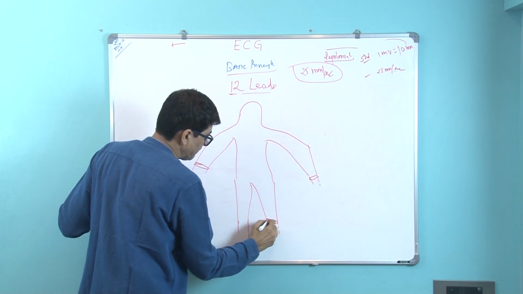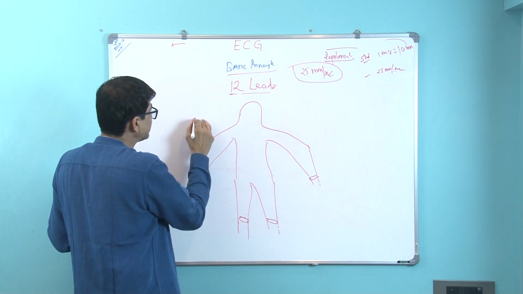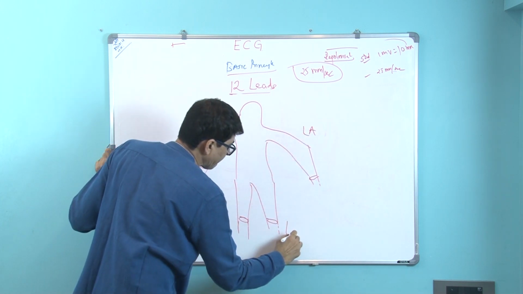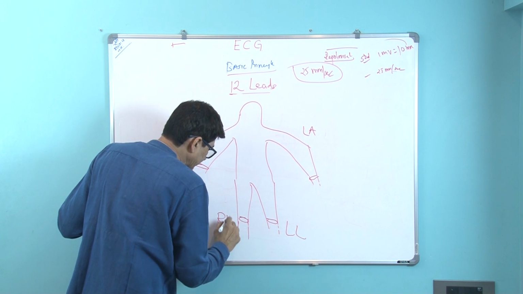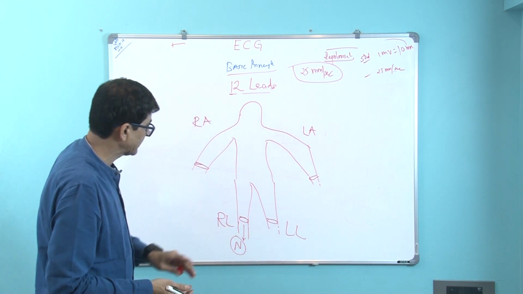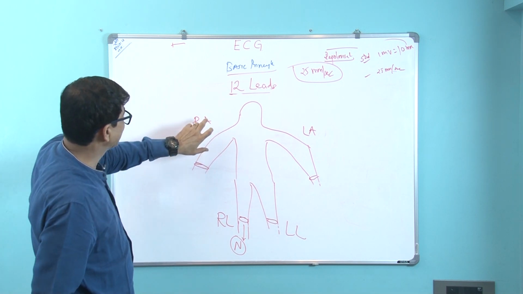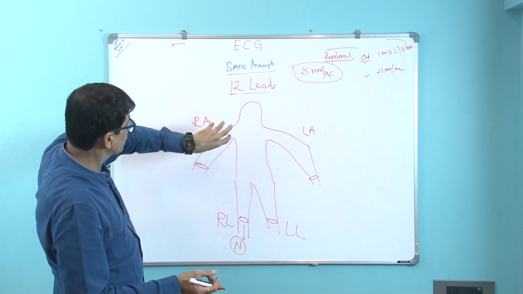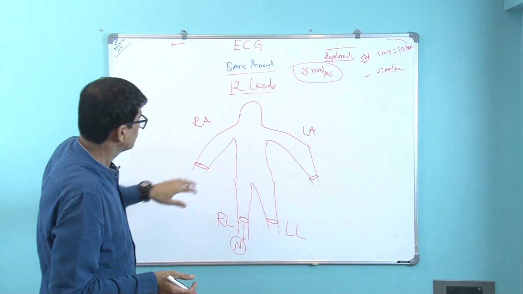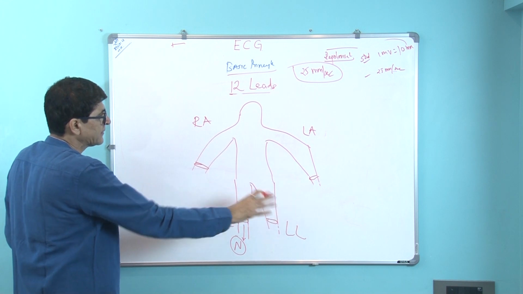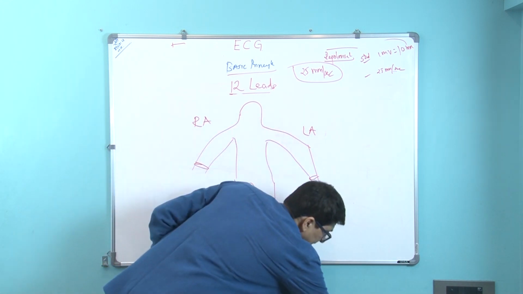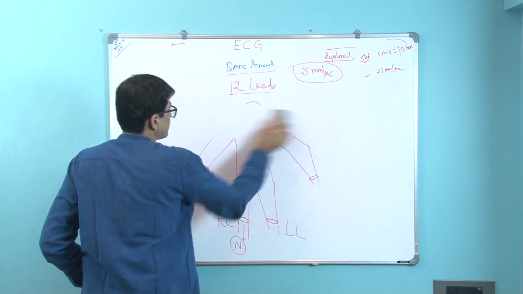This is the right arm, this is the left arm, this is the left leg and this is the right leg. The right leg we can call a neutral lead or earthing. So, mainly the electrodes are 3: RA, LA and LL. So, there are 3 main leads. These are bipolar leads. Now, I will tell how they become bipolar.